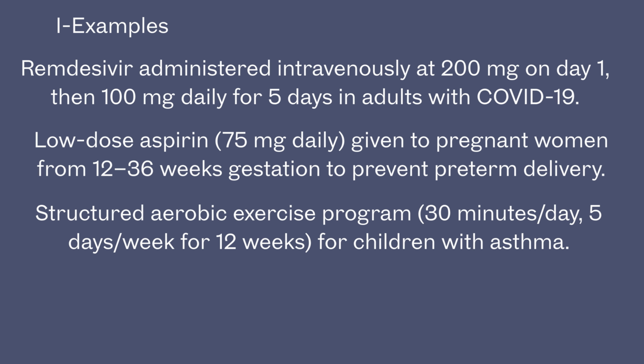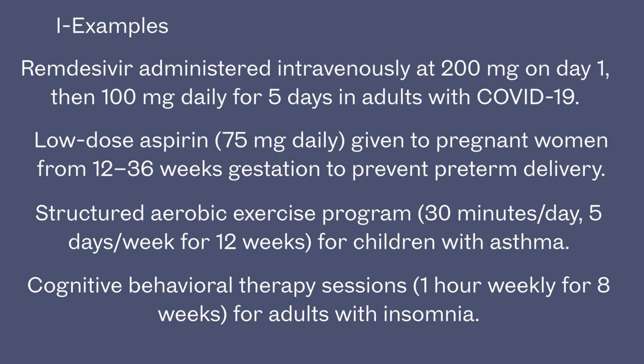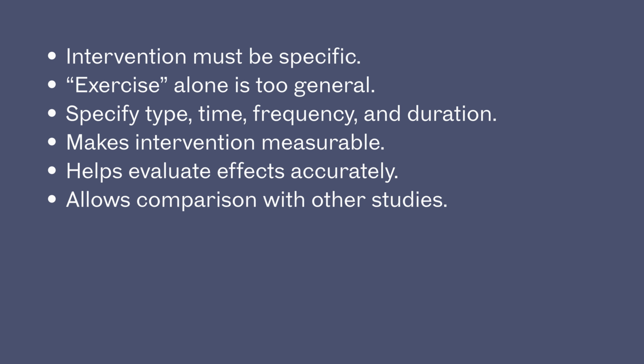Structured aerobic exercise program, 30 minutes per day, 5 days per week for 12 weeks, for children with asthma, cognitive behavioral therapy sessions, 1 hour weekly for 8 weeks, for adults with insomnia. Intervention must be specific. Saying exercise is too general. But specifying type, time, frequency, and duration makes it measurable. This helps in evaluating the actual effect of the intervention and comparing results with other studies.